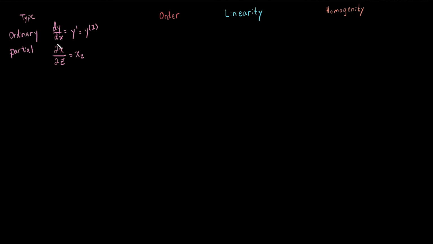This is a different way of expressing a partial differential equation. We'll go over in later videos what that actually means and how they're different from ordinary differential equations. But for now, this is a good way of understanding what type of differential equation we have.